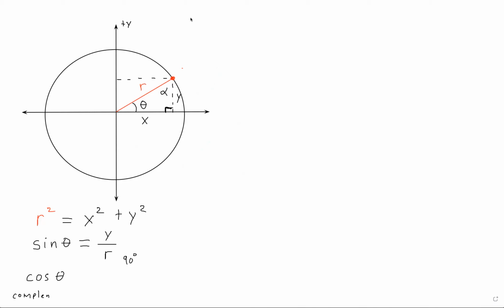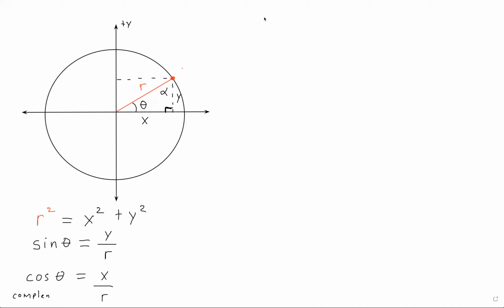All right. For the cosine, if the sine of an angle is equal to the opposite over the hypotenuse, then the cosine is equal to the adjacent side over the hypotenuse. The adjacent side just means next to.